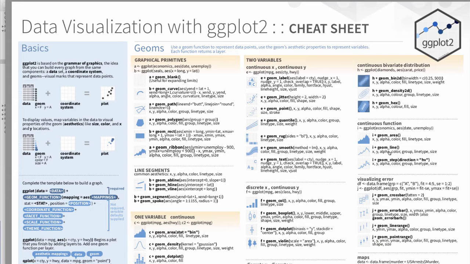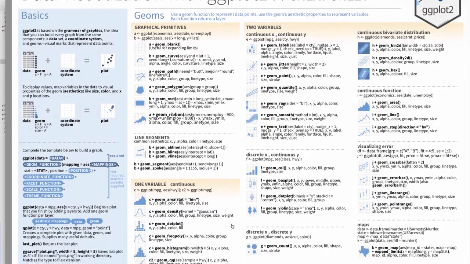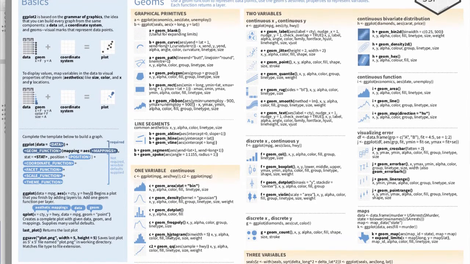For a box plot, here's box plot, geom box plot. For a histogram, we have geom histogram down here. And for an area chart, we have geom area right here. So pretty much all of these are geom followed by the name. Geom line, geom box plot, geom histogram, and geom area.